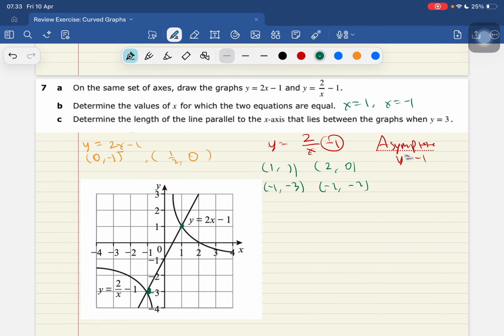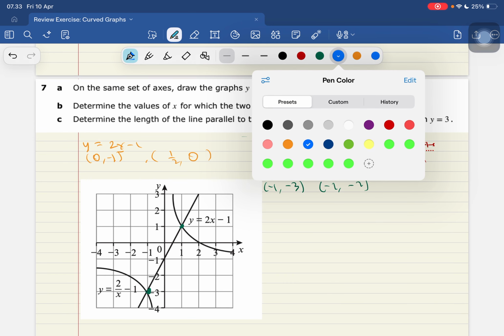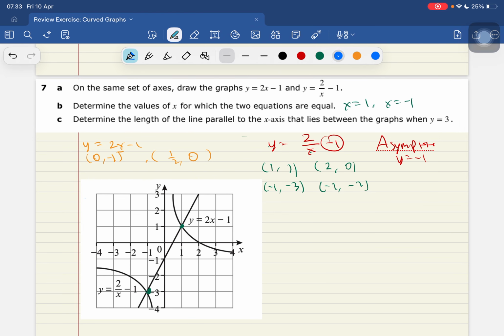So determine the length of the line parallel to the x-axis that lies between the graphs when y equals 3. The length of the line parallel to the axis between the graphs, when y equals 3.